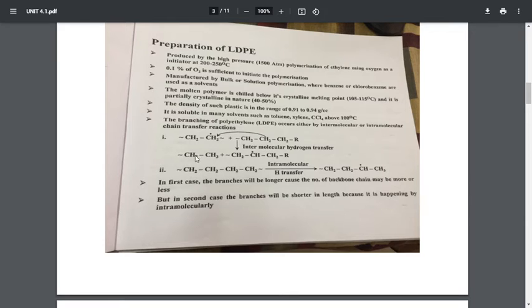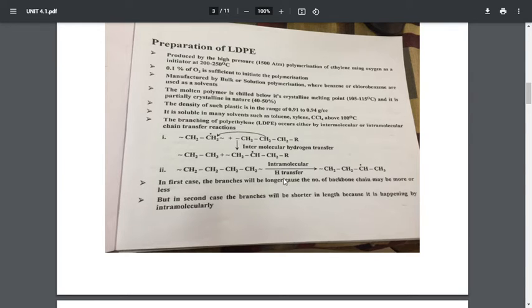So this is a dead chain now, and in this other case, one H went here, so this has a free radical site now. The radical site is shifted over here. So this is the intermolecular chain transfer. This is how the branching has occurred, because now a new molecule will join here, so branching will be there.